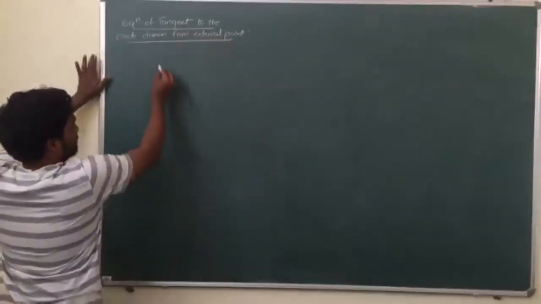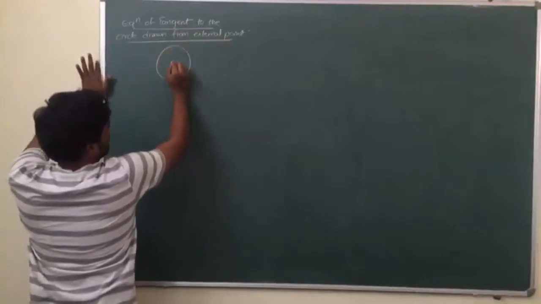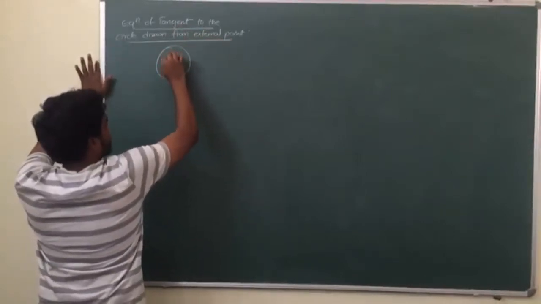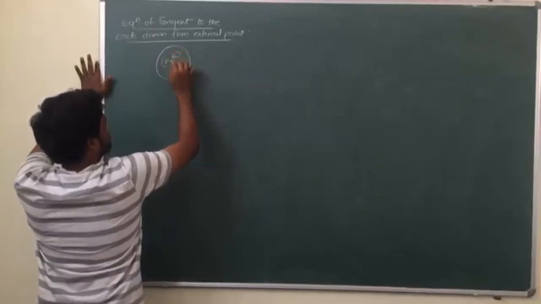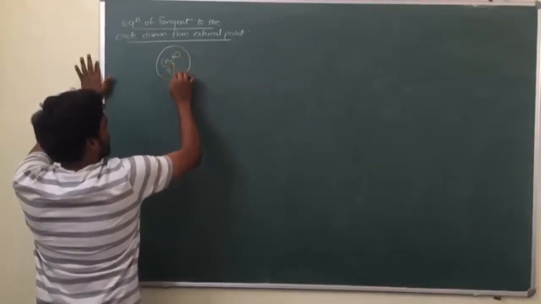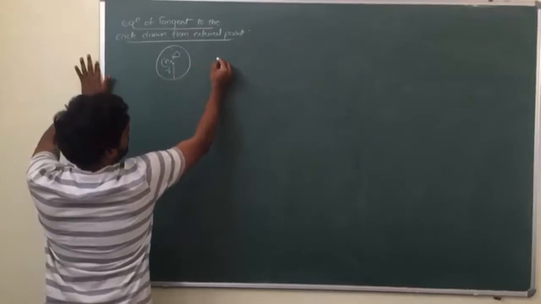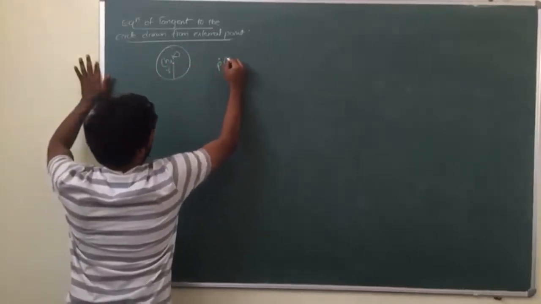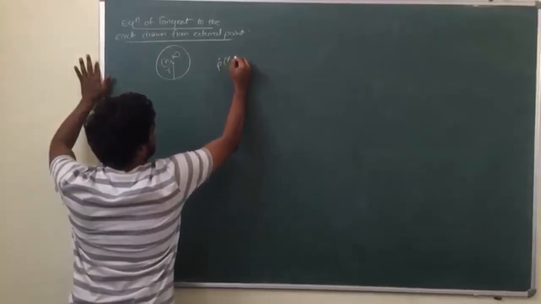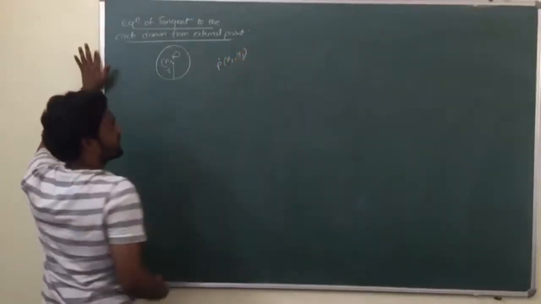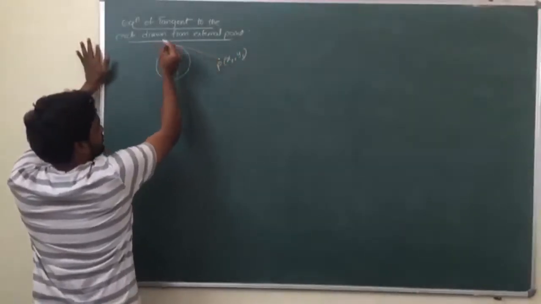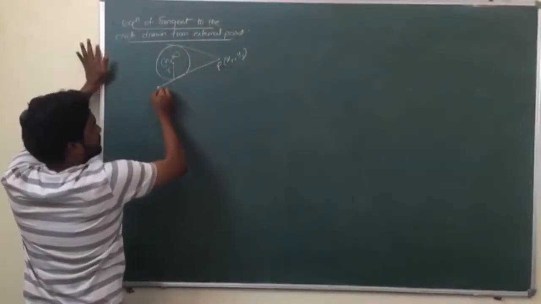Okay. Now, circle, h comma k, radius. There's a point P here, x1 comma y1. Equation of tangents from the point to the circle.